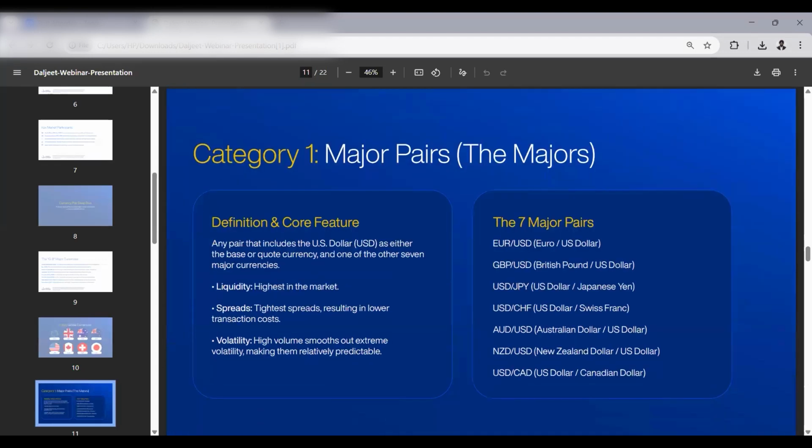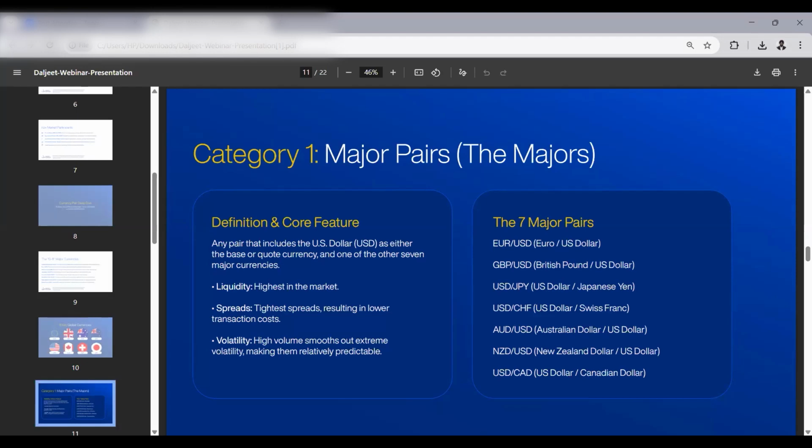So now we move on to the major pairs, that is major currency pairs. Any pair that includes USD in combination with any major currency. Suppose there are 7 major pairs. What are major currency pairs? Major currency pairs are the combination of all major currencies with USD.